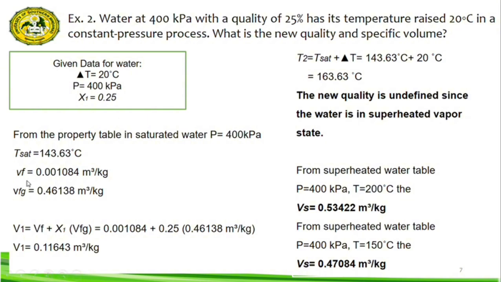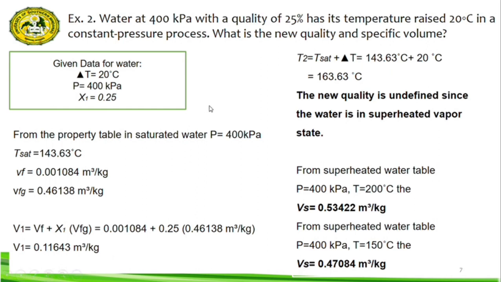By plugging the given values into our equation, 0.001084 as our VF, plus our quality, which is 0.25, multiplied by VFG, which is 0.46138 cubic meter per kilogram. Plugging this into our calculator, we get the initial volume of 0.11643 cubic meter per kilogram.